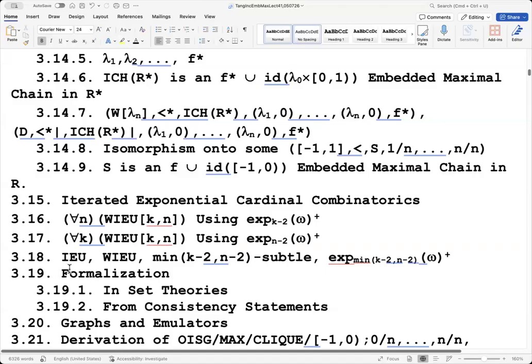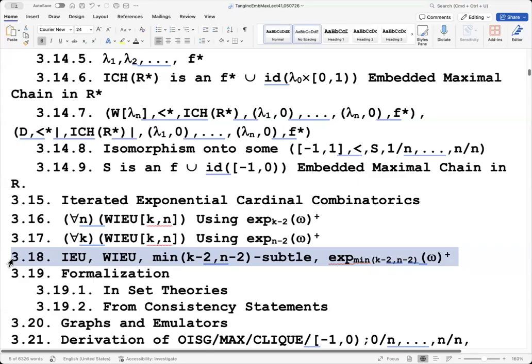And then I consolidate everything in neater form. First of all, there's full IEU, which is for all K and for all N. There's full IEU and there's full WIEU. And I just read off what the obvious results are for that from what I did here.